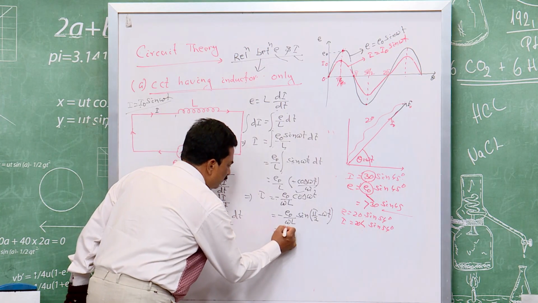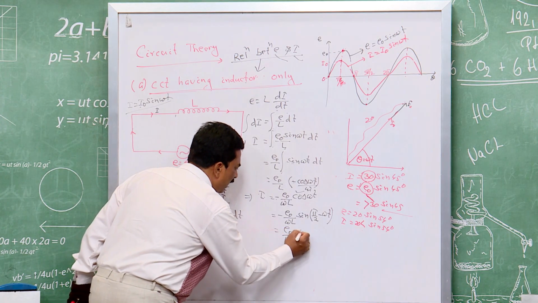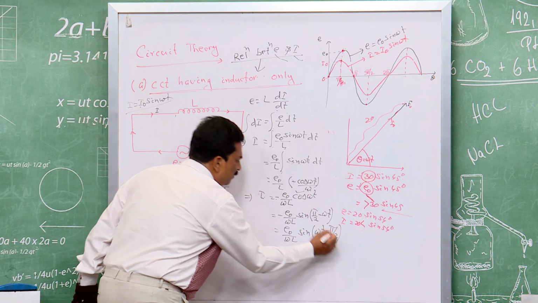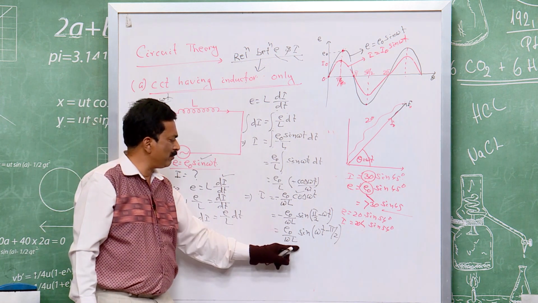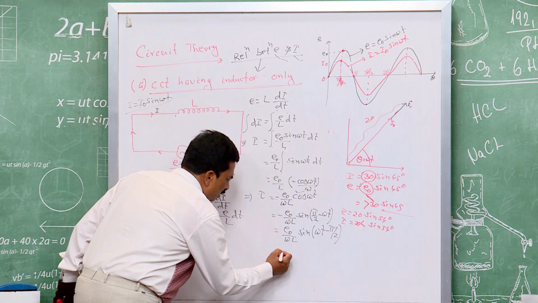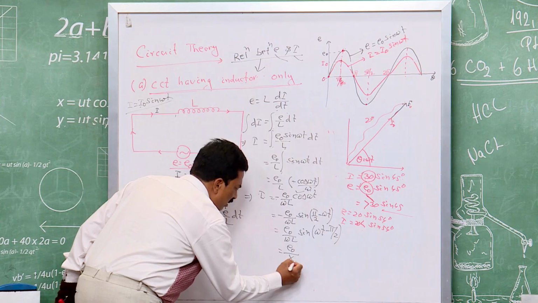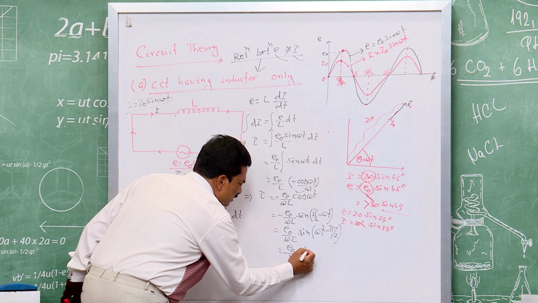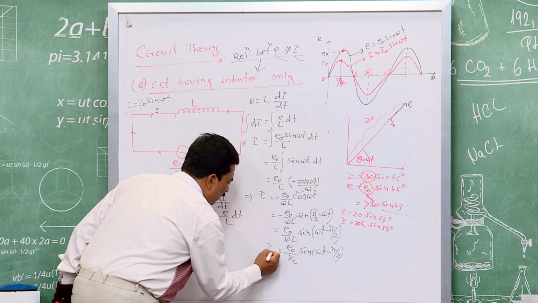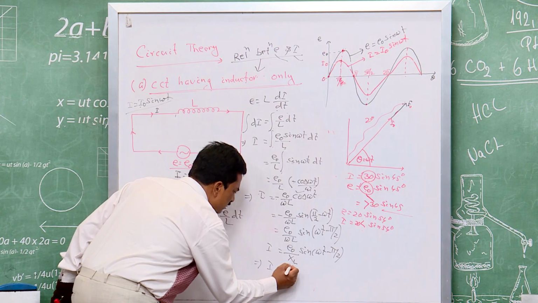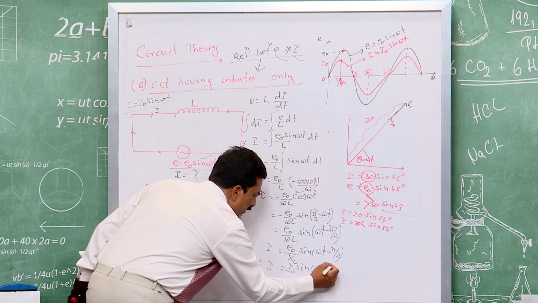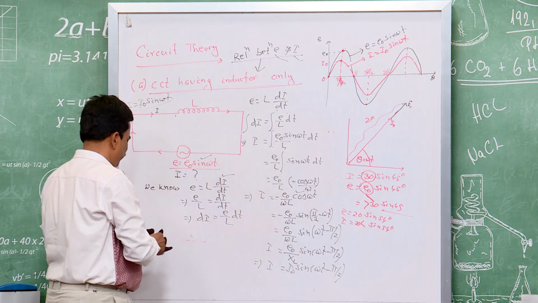So, this is equals to E0 by omega L sin of omega t minus pi by 2. So, this is equals to E0 by XL sin omega t minus pi by 2, that is equals to I, implies I is equals to I0 sin omega t minus pi by 2.